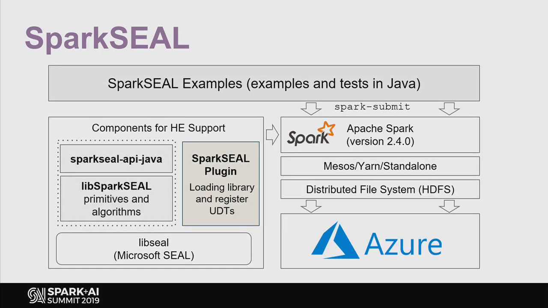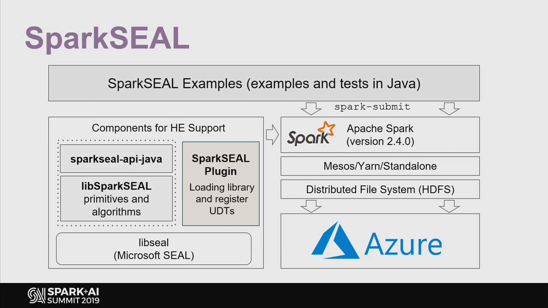I'm almost out of time here, but I guess I can quickly show this architecture. There's nothing too magical about it. Of course, Azure is backing everything here. But on top of that, we have the normal Spark stack. And we wrote this Spark SEAL API Java layer.